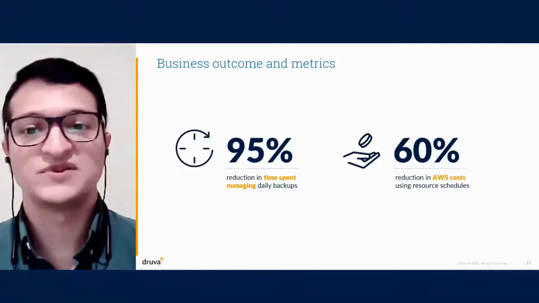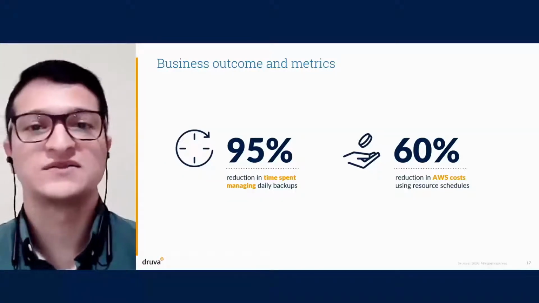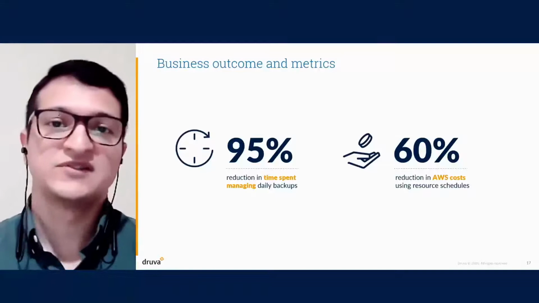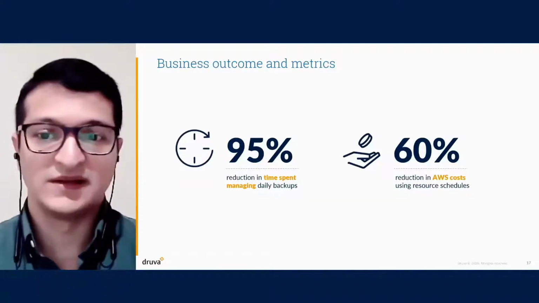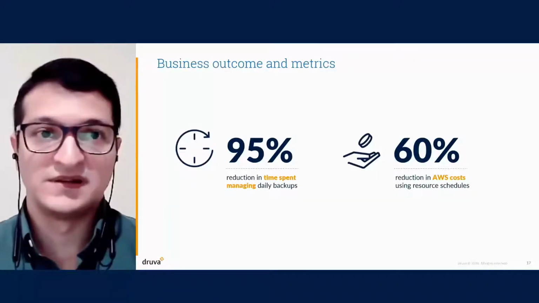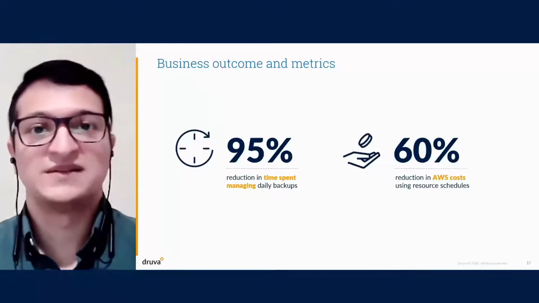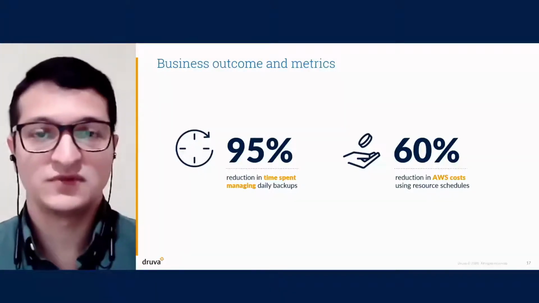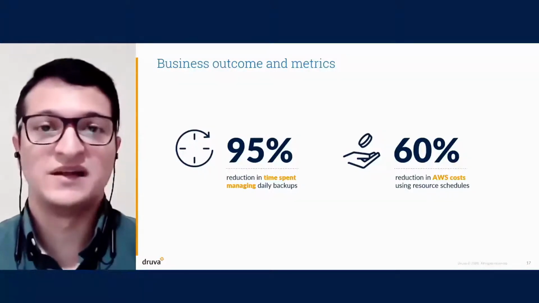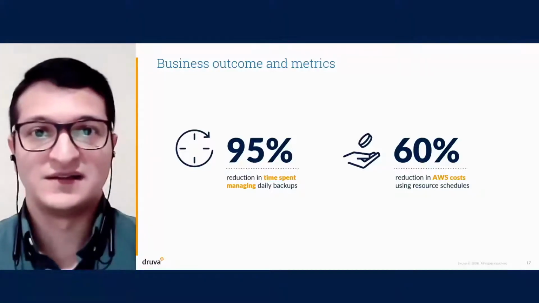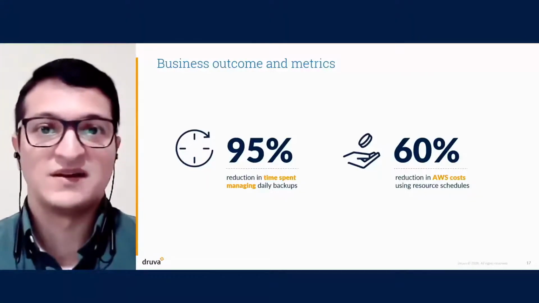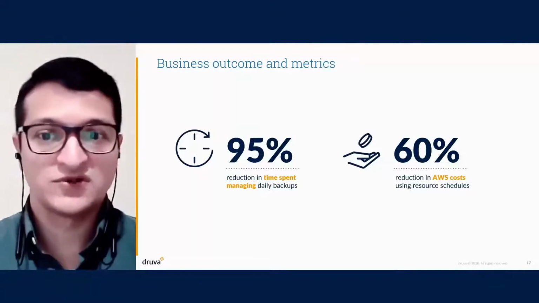And we also saw a 60% reduction in our AWS costs due to the resource schedules, and also the methodology that Druva Cloud Ranger uses to make backups. Like, it reutilizes the backups that you're taking with the grandfather, father, son approach.